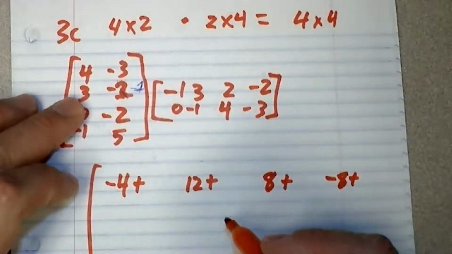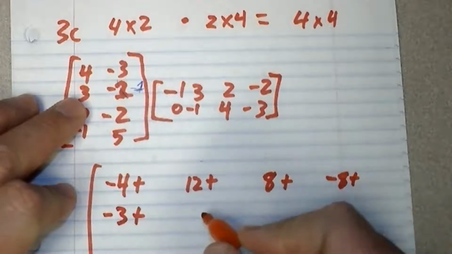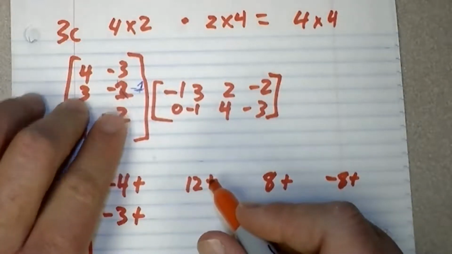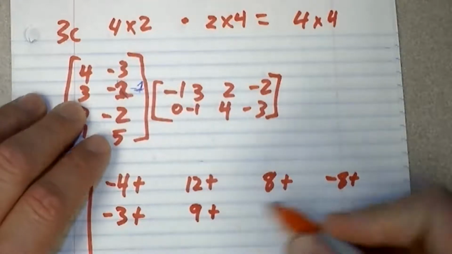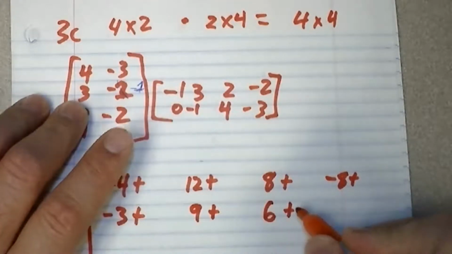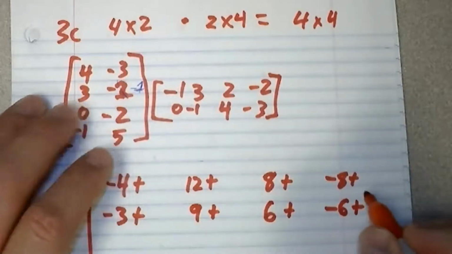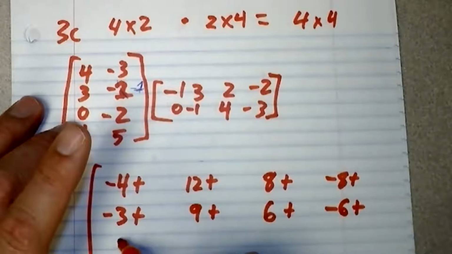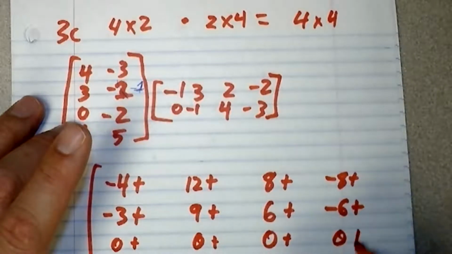And now I'm gonna do -3 plus, and I'm just taking the first number, multiplying it by the first number. So it's going to be 9 plus, then it's going to be 6 plus, and then it's going to be -6 plus. And now it's going to be 0, 0, 0, 0.